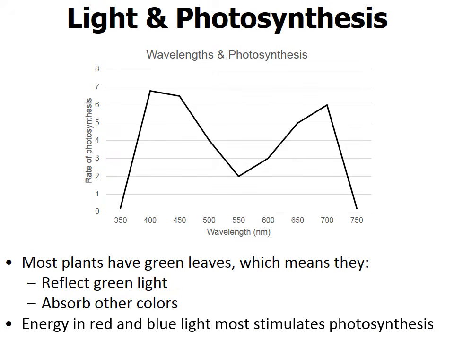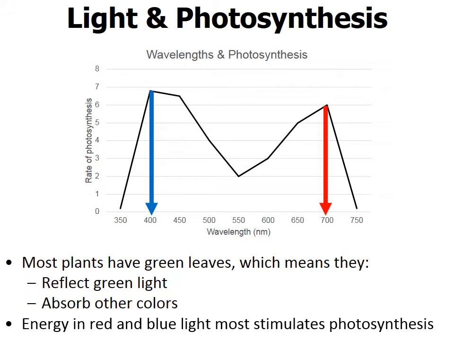This graph right here shows the wavelengths of visible light, and there are 2 points on the graph where the line is the highest. This implies the colors or the wavelengths that drive photosynthesis. Around 400 nanometers we see a peak in the graph, and that corresponds to the color blue.